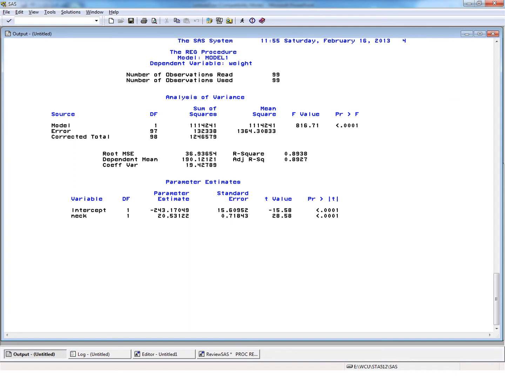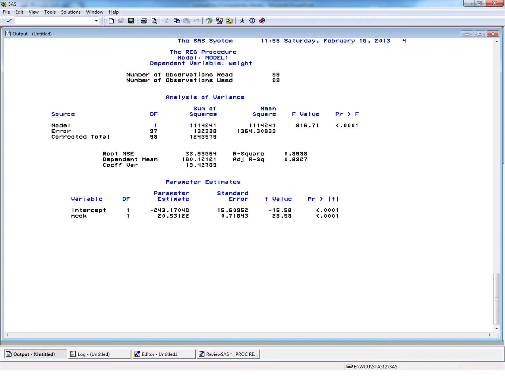Incidentally, while I have the output in front of us, in the next couple of slides I'm going to talk about doing a hypothesis test for the y-intercept. It's very, very similar, right? It's going to be beta naught hat minus 0 divided by the standard error. So if I look at that intercept line, if I do negative 243 divided by 15.6, put that in a calculator, you're going to get negative 15.58.